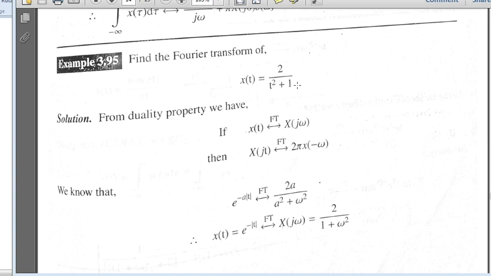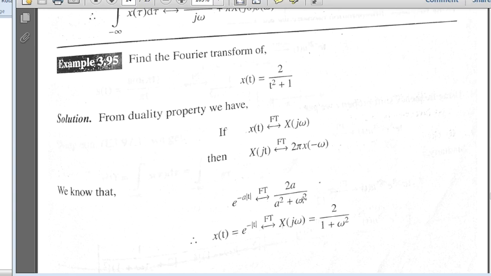Now of what form is it? Let's remember which kind of problem has given this kind of a thing. So x of jt is equal to 2 pi x of minus omega. So we are using a duality property here, and before that, e raised to minus a magnitude of t has given what answer?